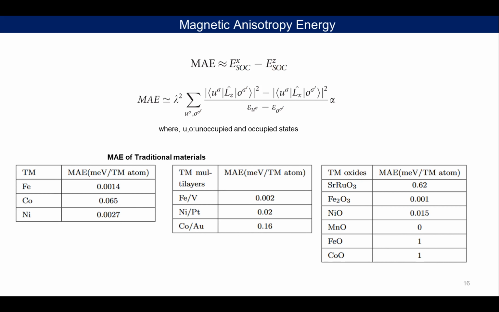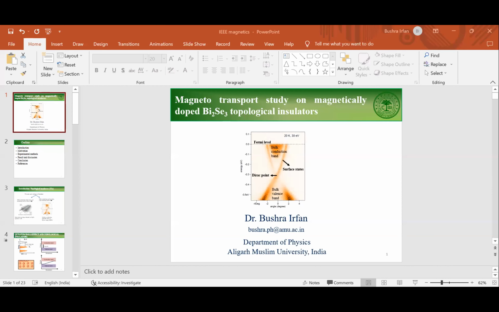Yeah. So let me share the screen. Can you see the screen? Yes. Can you make it full screen? Presentation mode.